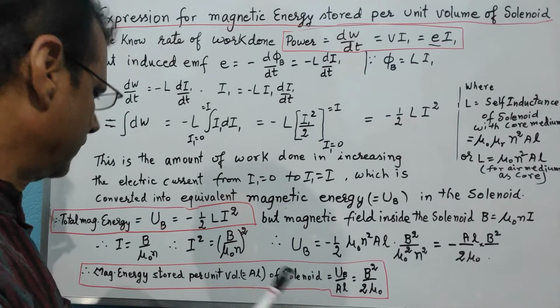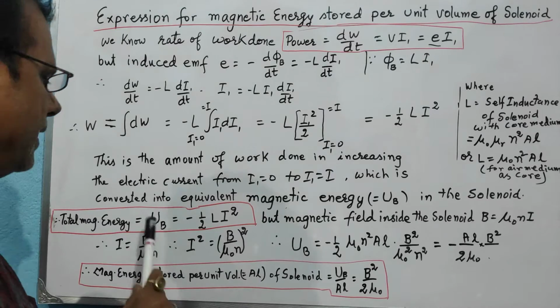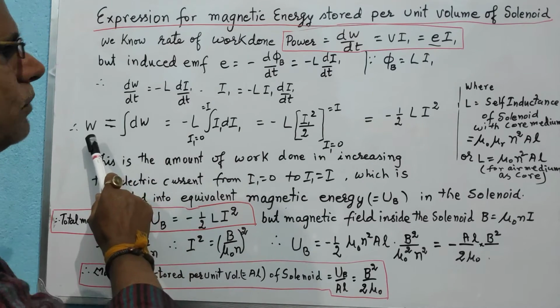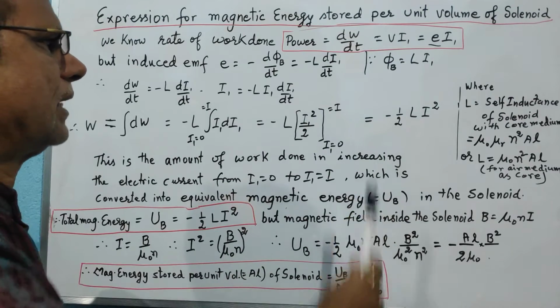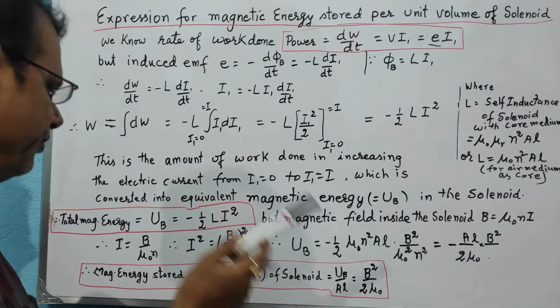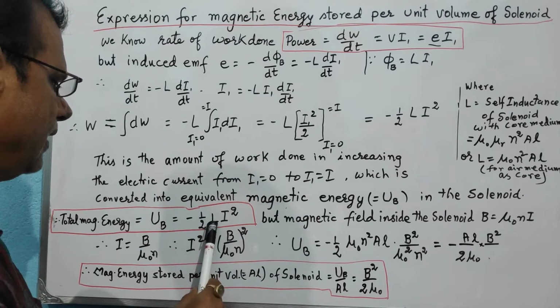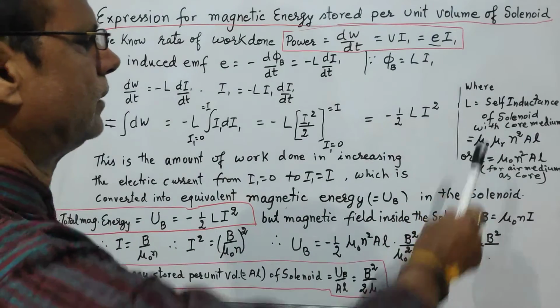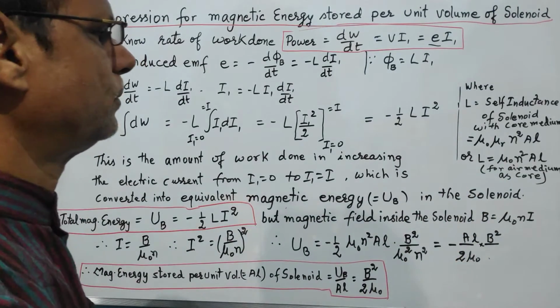So if we put in the value of the magnetic energy, which is equal to the amount of work done, half L I square, then for I we substitute this value and for L we substitute the corresponding value.